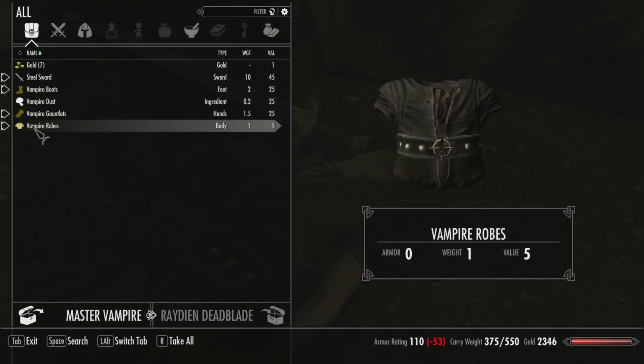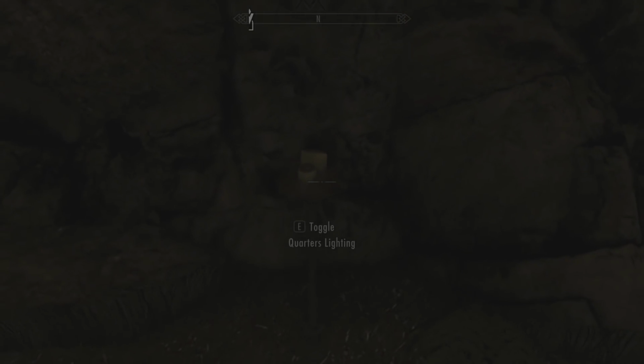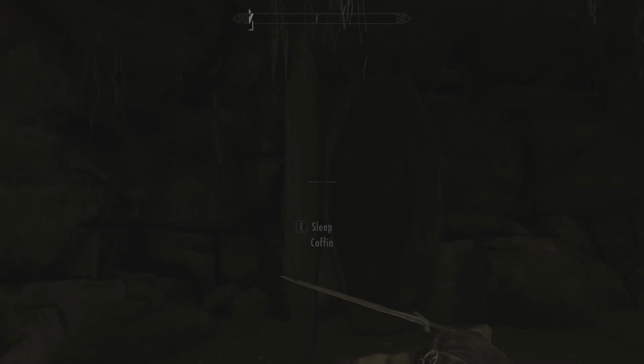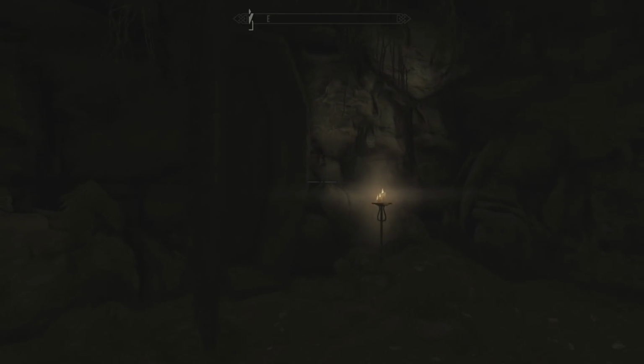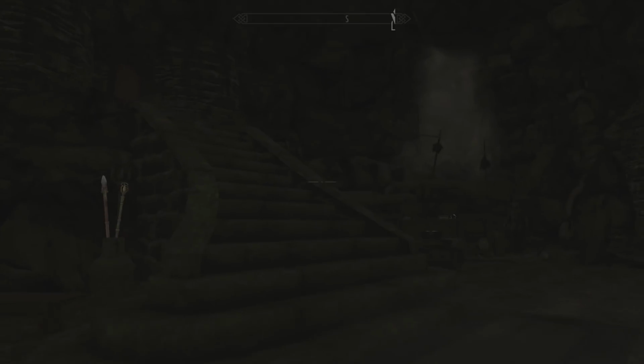Dead vampire. There's two coffins in here, and another one up here.